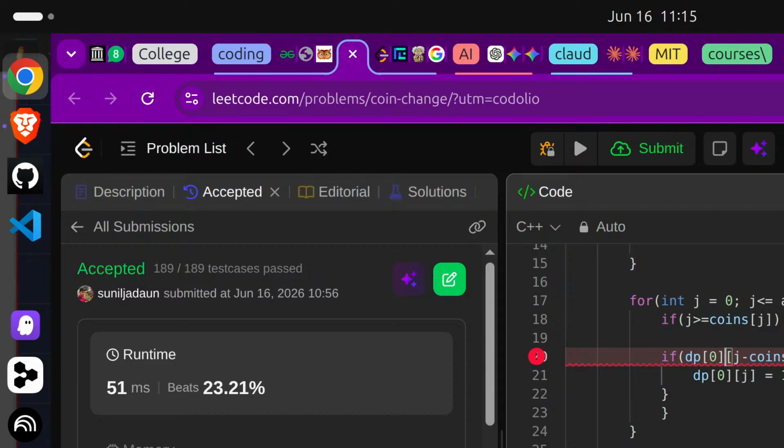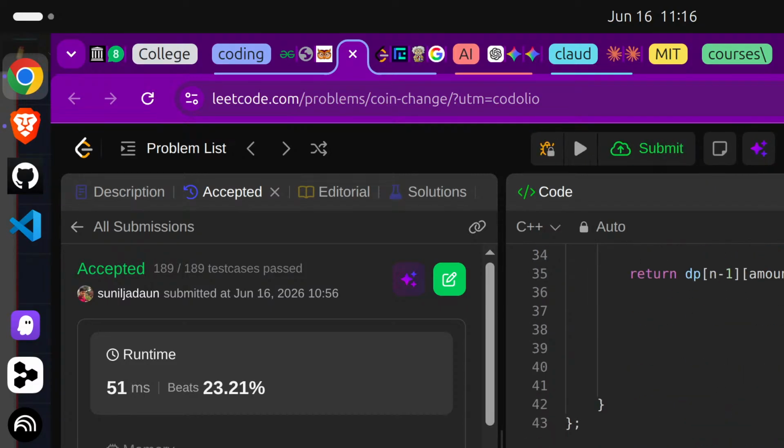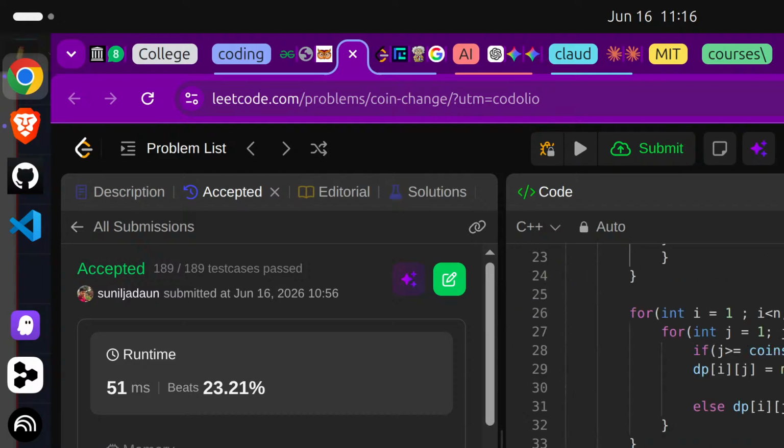Okay, so j value. Runtime error, why? What's happening?